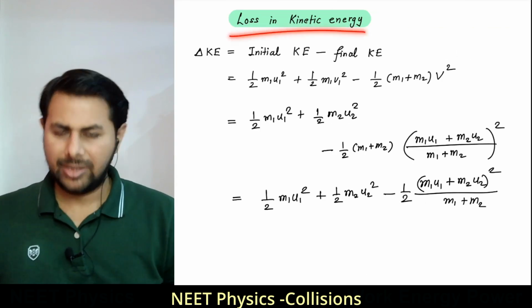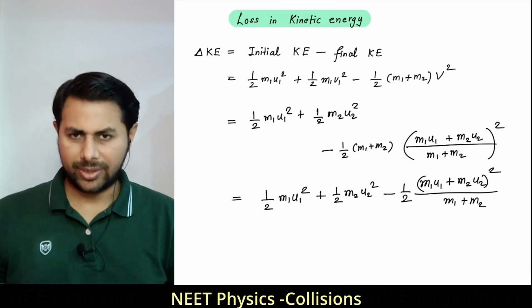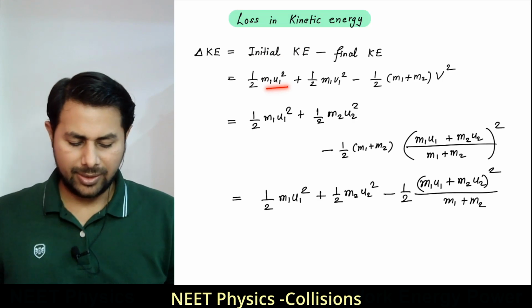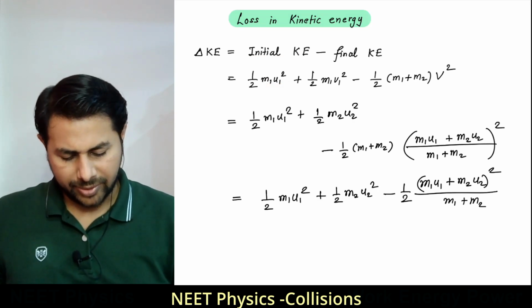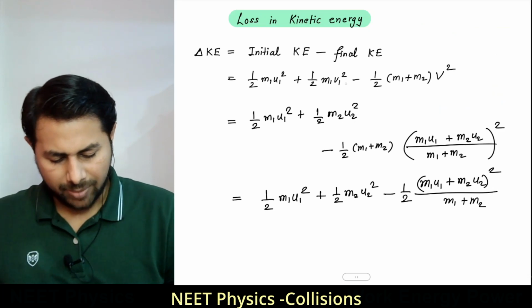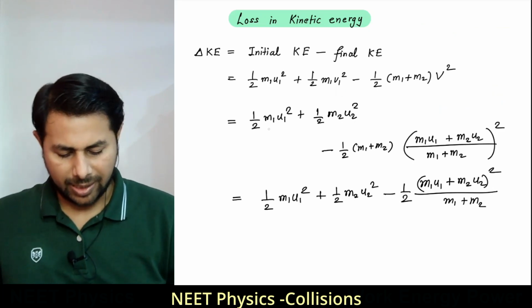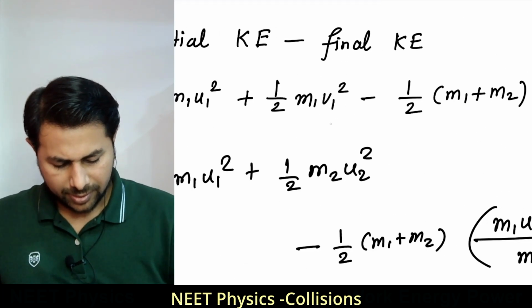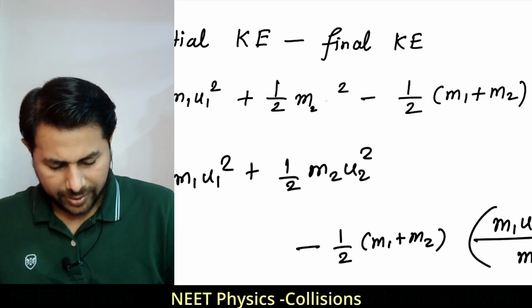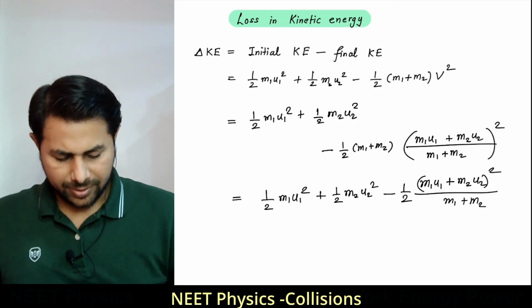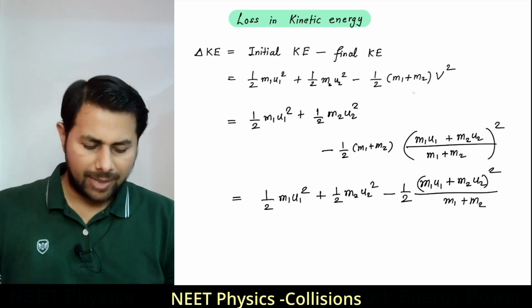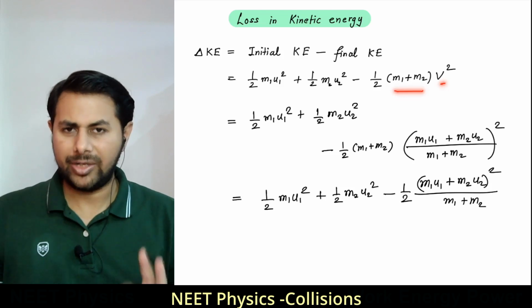Then we need to find out the loss in kinetic energy. So for that we take initial kinetic energy, that is half of m1 u1 square plus half of m2 u2 square, since the two bodies are moving. And then minus final kinetic energy, that is half of m1 plus m2 multiplied by v square.